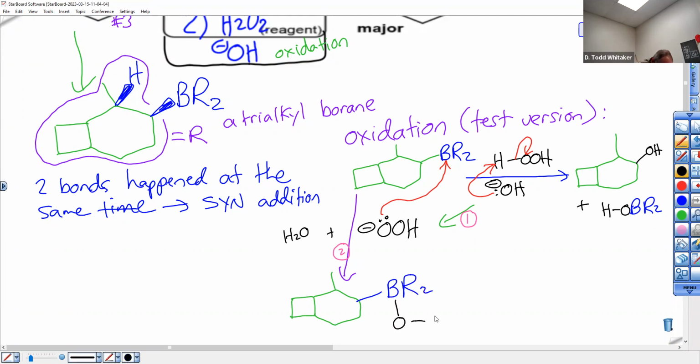How many bonds does B have? 4. What's its charge every time it has 4 bonds? Minus.